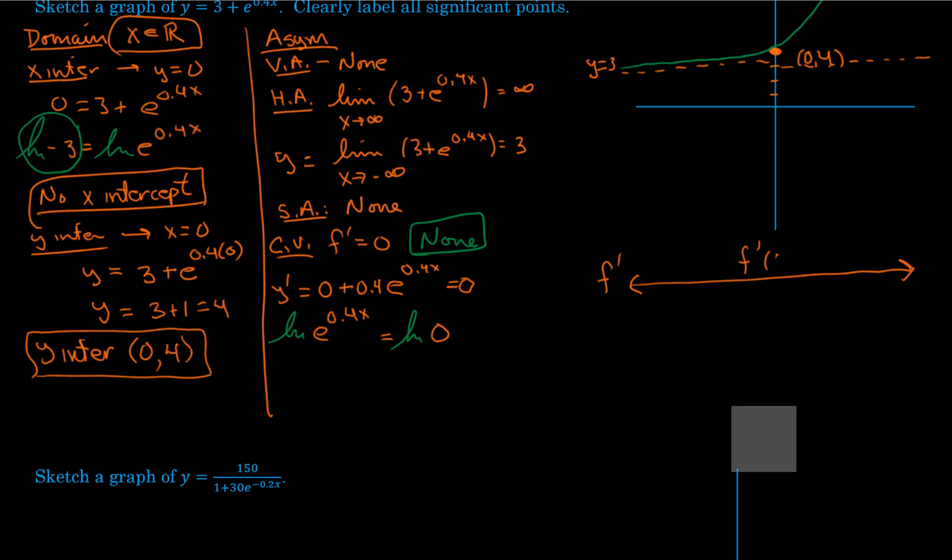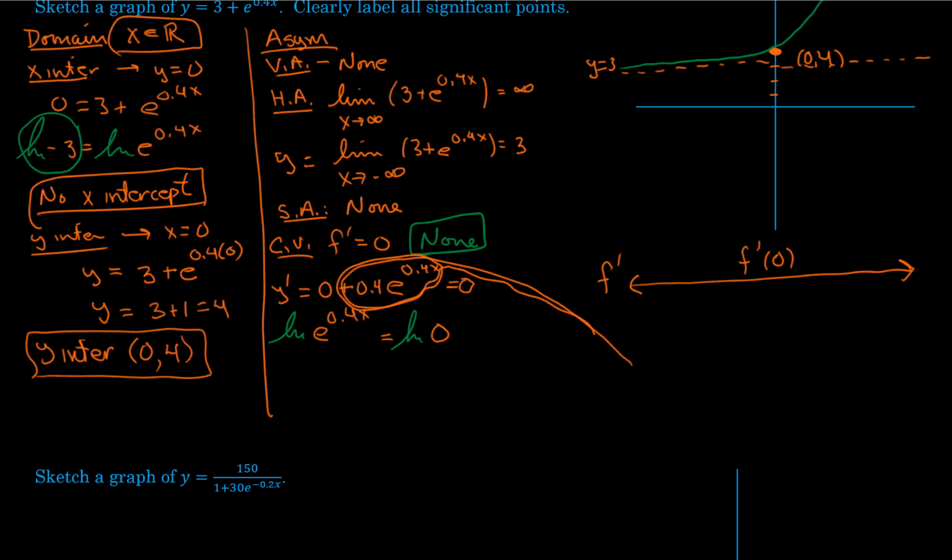So I could make this simple, plug in 0. And if we evaluate the derivative at x equals 0, that means we're going to want to take this right here, plug 0 in for x, and it's going to give us 0.4 times e to the 0, which is 0.4 times 1, greater than 0. That means this function is always increasing. Well, that supports the graph that I proposed earlier. Let's continue on.